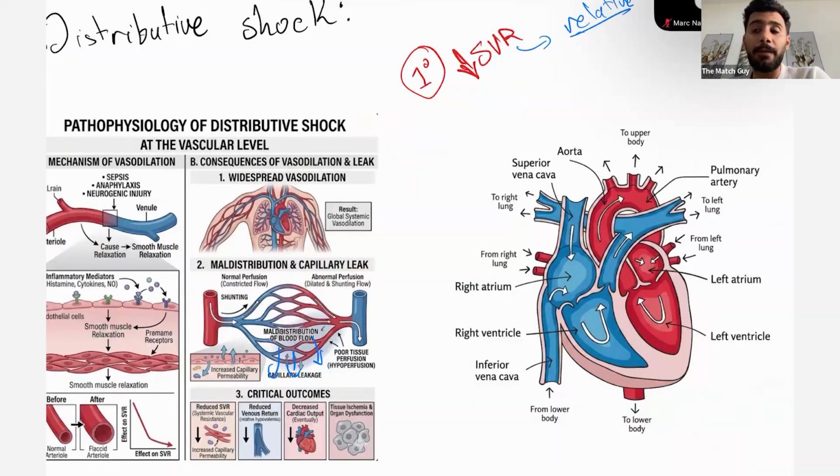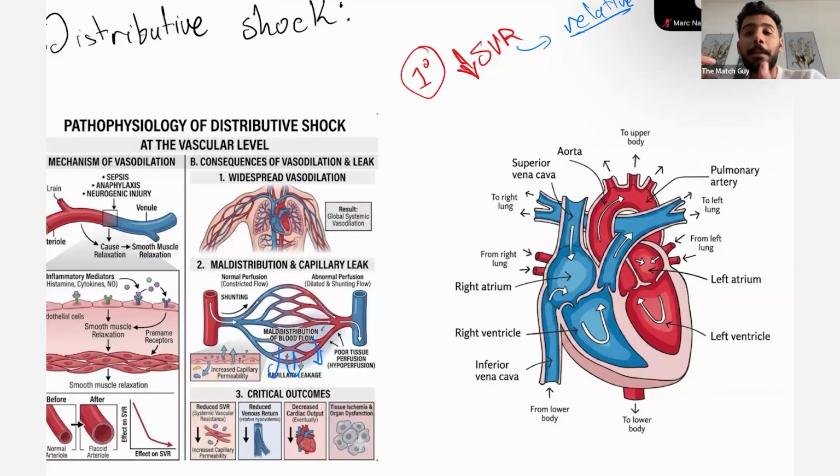A fall in the systemic vascular resistance is going to be causing less blood to come back to the heart, and that is because now more blood is going to be staying in the blood vessels, since the blood vessels have just doubled in size, and also in the veins, since the veins also have doubled in size.